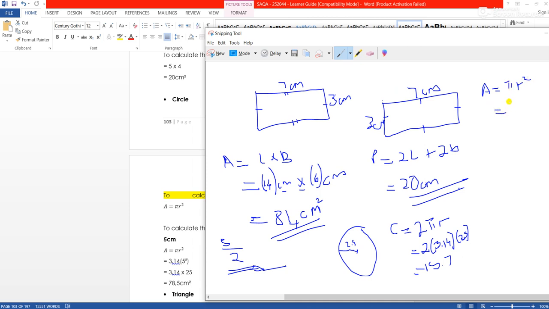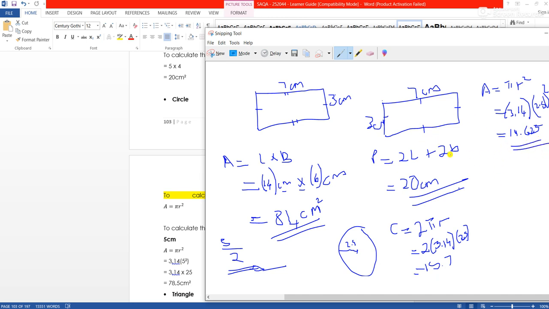Pi is constant, 3.14. You'll use the same 2.5, and we'll square it. So 3.14 times 2.5 squared will give you the area, which is 19.62. I'm just playing around with figures so that you can grasp the concept.